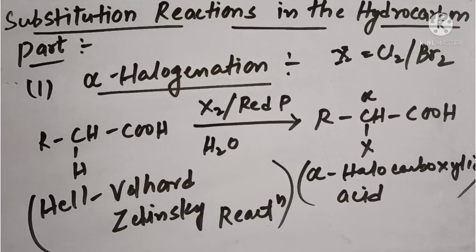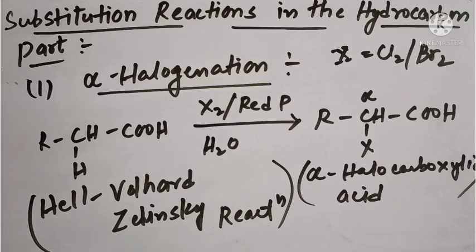By drawing all the resonating structures of benzoic acid, you will see that it deactivates the benzene ring, because it withdraws electron density from the ring, and it is also meta directing.